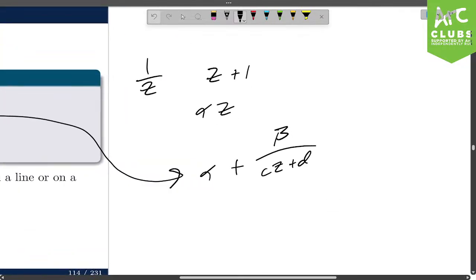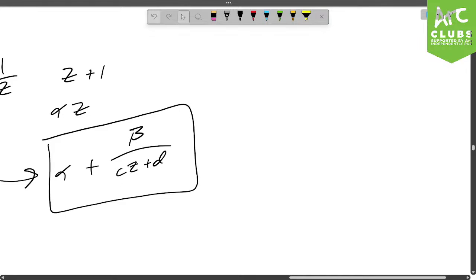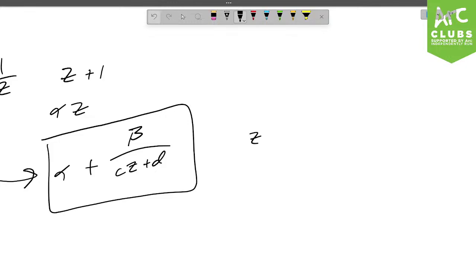So the way that I like to deal with these is just consider it a little bit graphically, just to give some intuition to it, right? So if I have some set of points z, what do I need to do first? I just need to multiply it by c. Okay, what does cz look like? That gives me w. Now I need to shift it by d. D is a complex number.